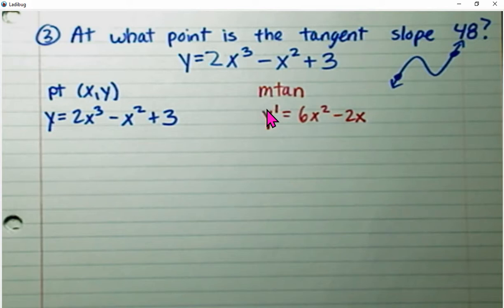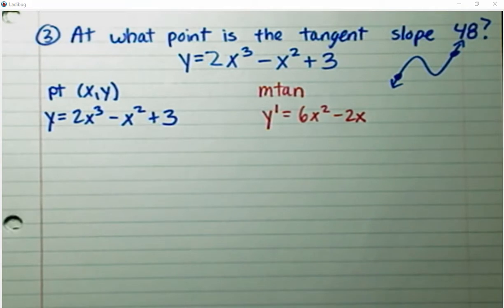I haven't even tried to answer the question. All I'm doing is writing down the information from the description. Okay? Now there's one more piece of information that I know. I've got the original. Great. I've got the derivative because I can do the power rule. Anything else that I can write down from the question?